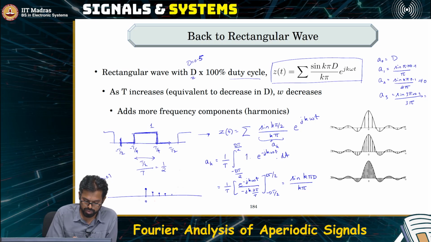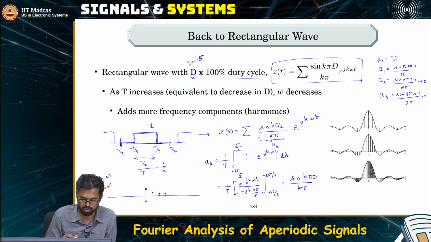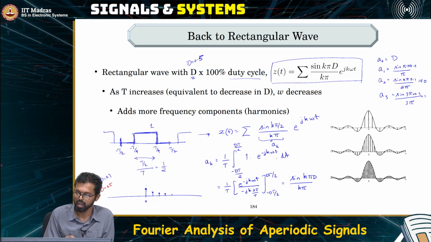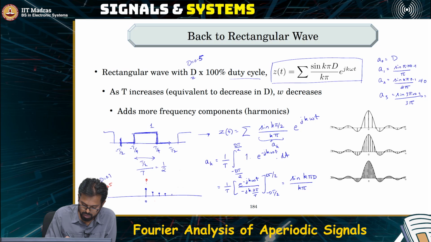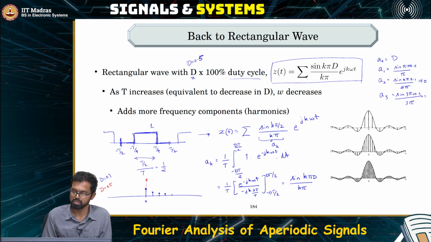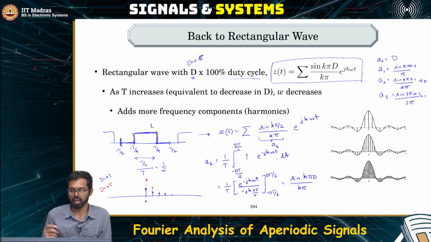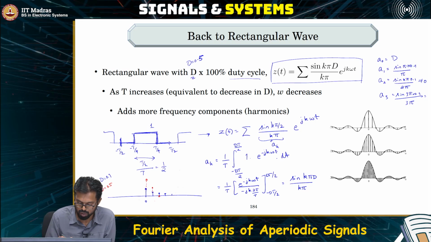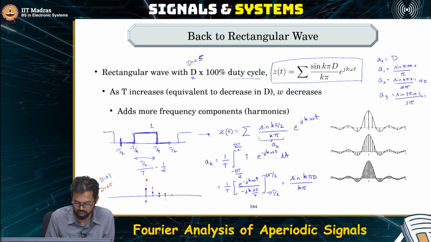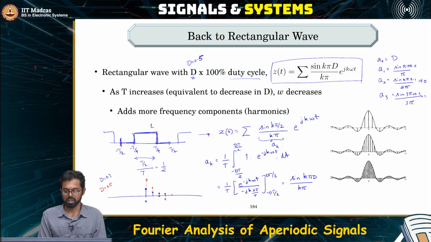But let's say what if we plot d equal to 0.5 on top of this. For d equal to 0.5, A naught is 0.5, A1 is some 1 by pi, A2 is 0, A3 is minus 1 by 3 pi.